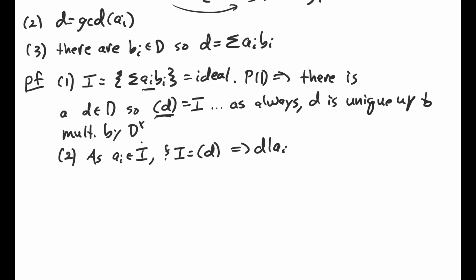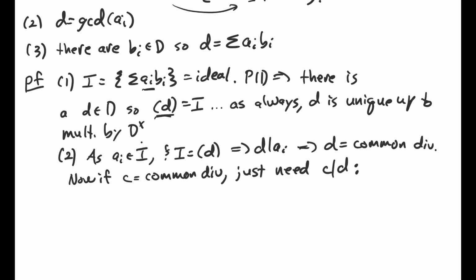Next, we have to show that any other common divisor will divide d. In other words, d is the biggest of those, is the interpretation. We need to show that if c is any other common divisor, then c divides d.